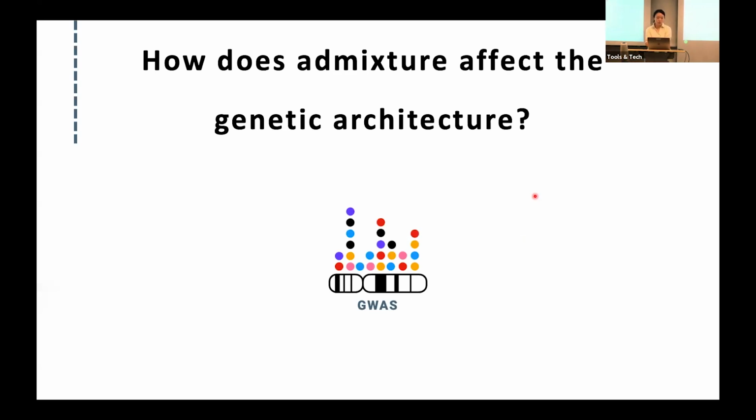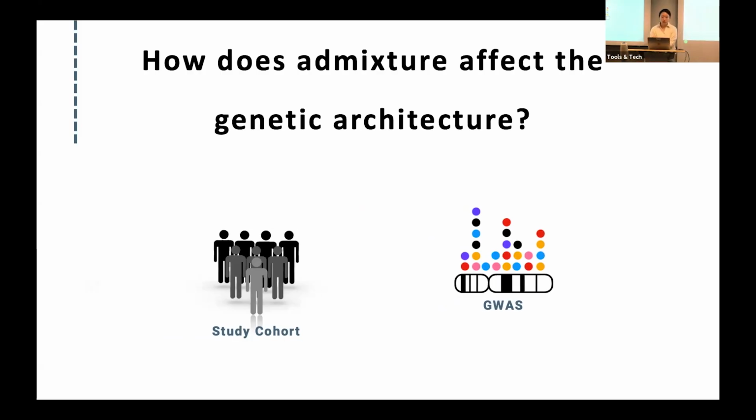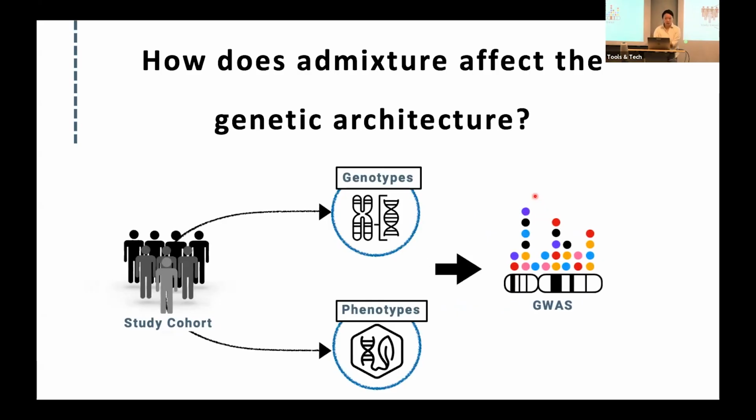Before I get into the details of our simulation framework, let's first talk about how GWAS is done in practice. To do GWAS, we first need a study cohort, and once we have a decent number of individuals participating, we can genotype their DNA samples and collect phenotypic data on the traits or diseases that we're interested in studying.